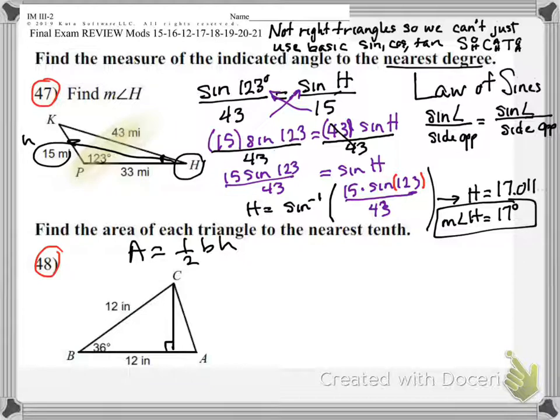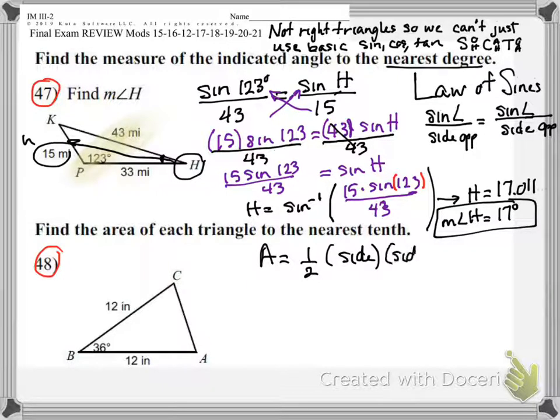We did that last year. We're going to say, forget that formula. Don't even need the height. We're going to say the area equals 1/2 times the side times the side times the sine of the angle between.